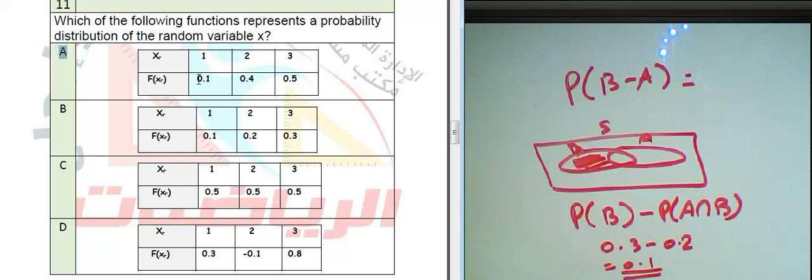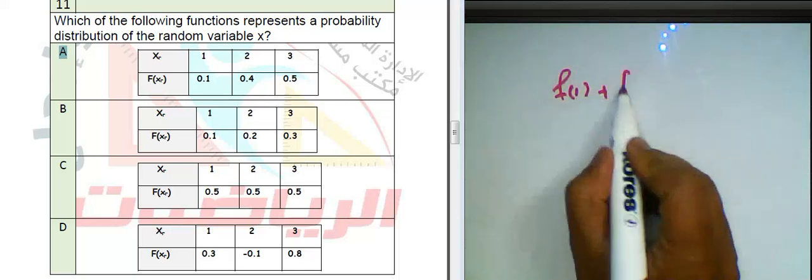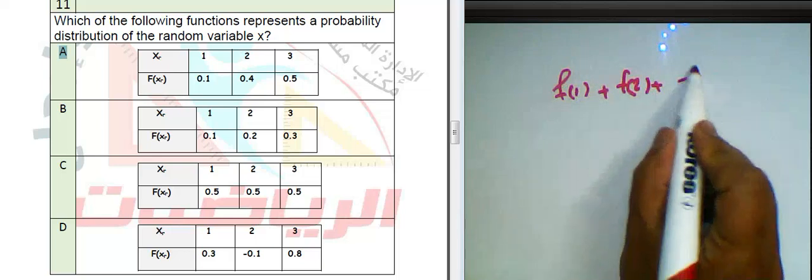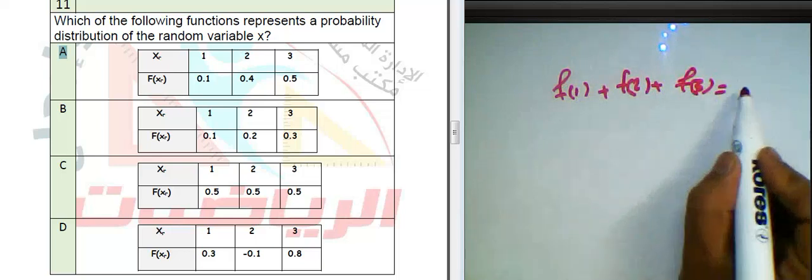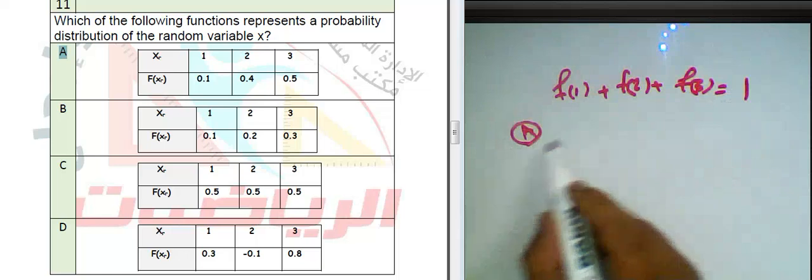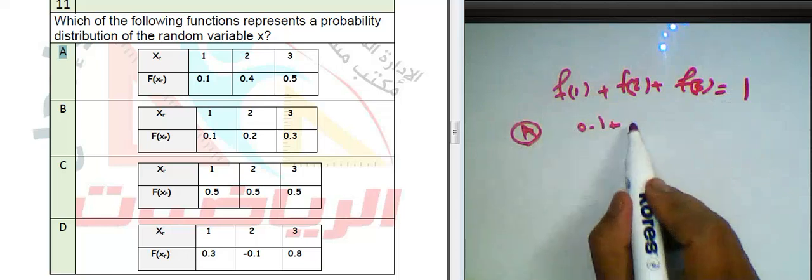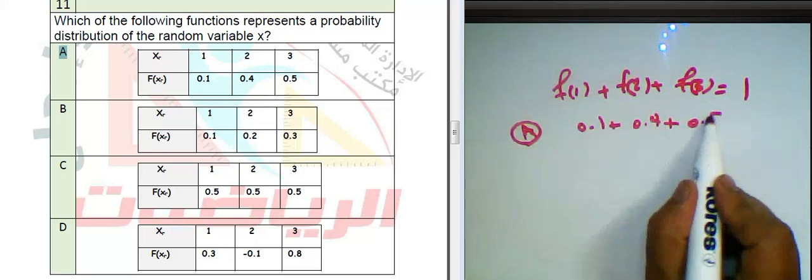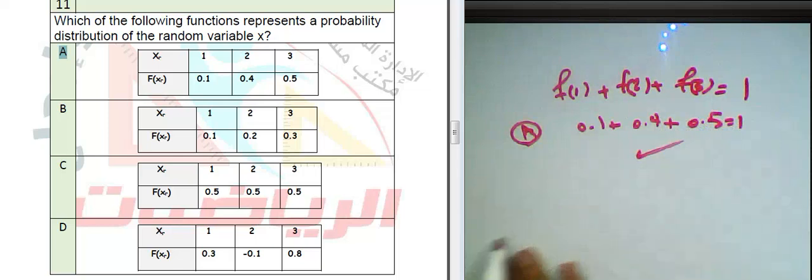Because f of 1 plus f of 2 plus f of 3 equals 1. Look at here, about letter A, 0.1 plus 0.4 plus 0.5 equals 1. So we must choose letter A.